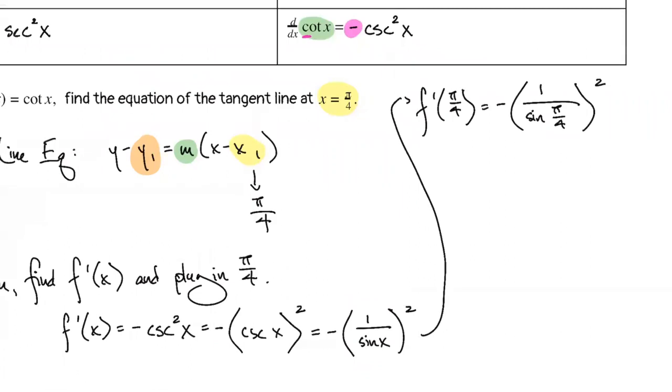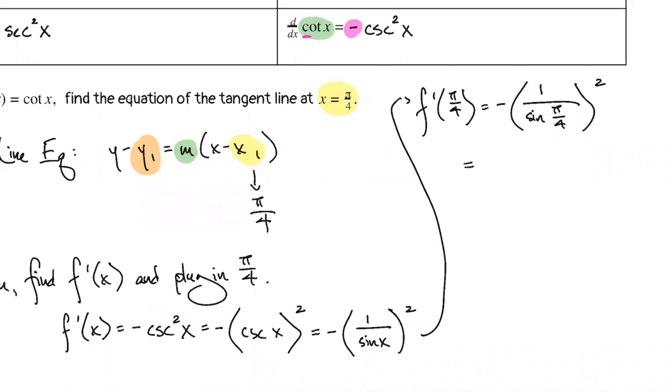Now, friendly reminder, 1 over something is a fancy way of saying reciprocal. Let me say that one more time. 1 over something is a fancy way of saying reciprocal. So all I need to do is find sine of pi over 4, and then I'm going to write the reciprocal inside here. Okay.